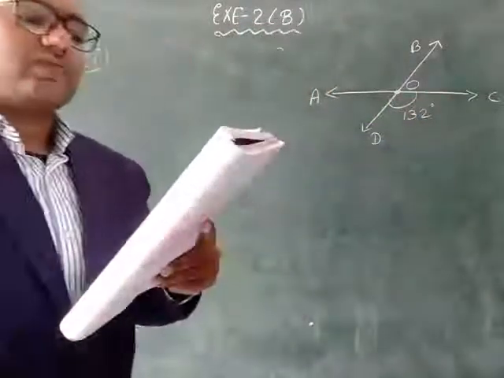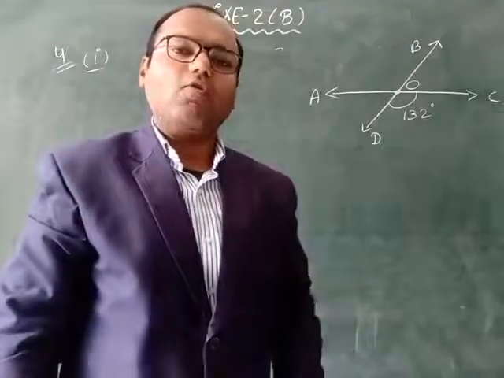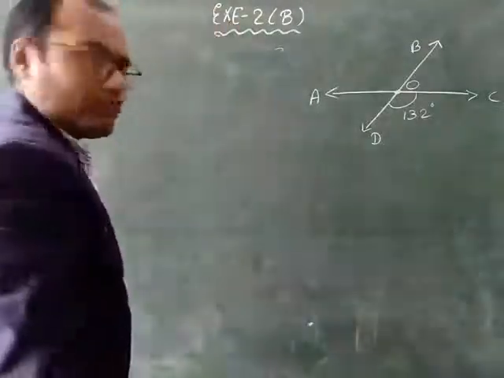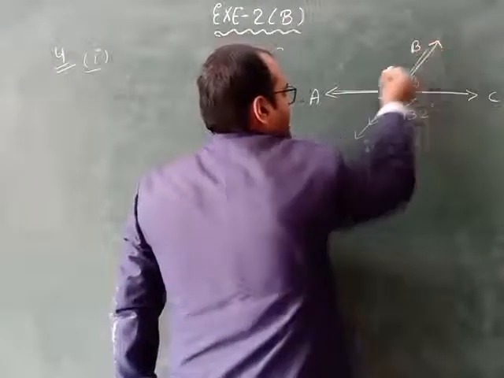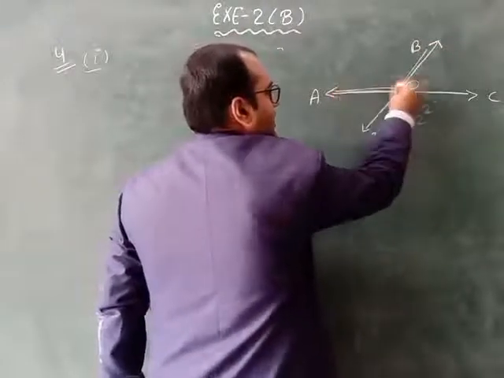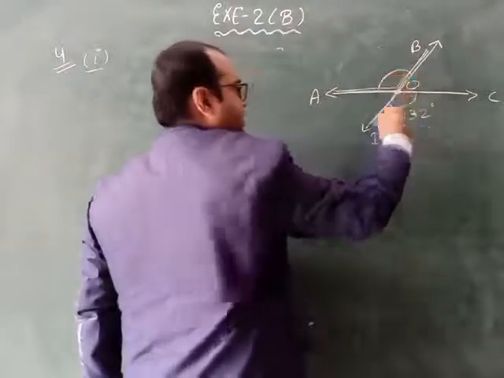Heading of the question is find the value of angle AOB. So where is AOB? First of all we will check AOB. So between this line and this line, this is the angle.